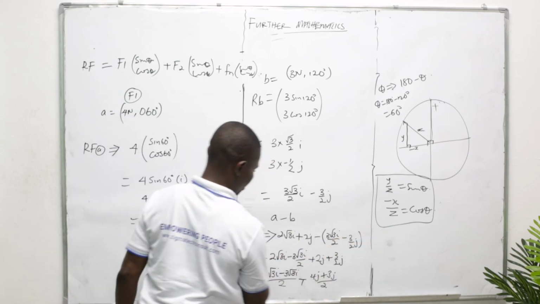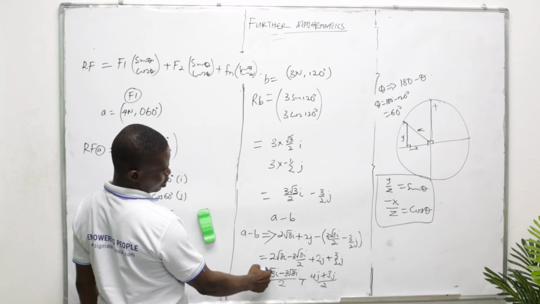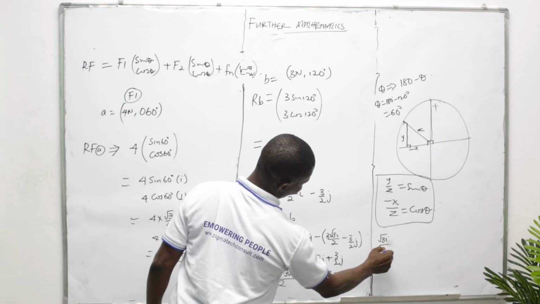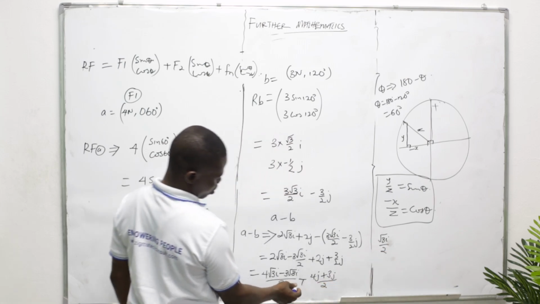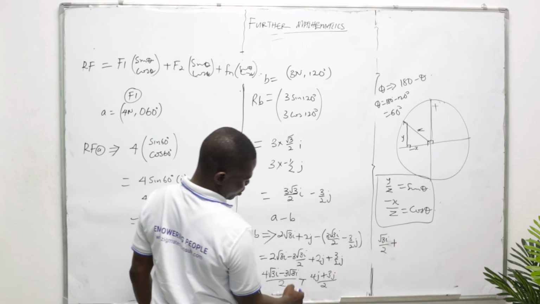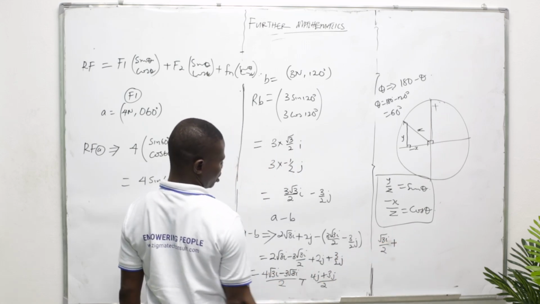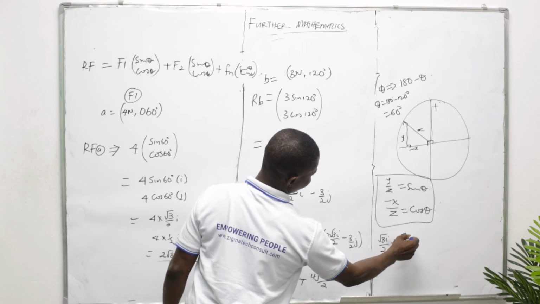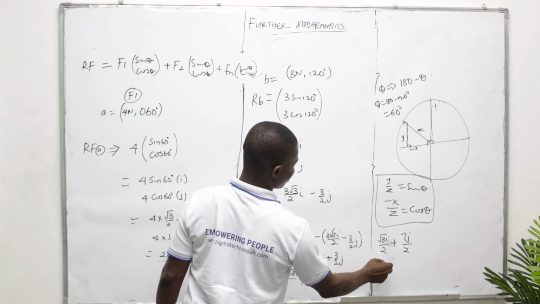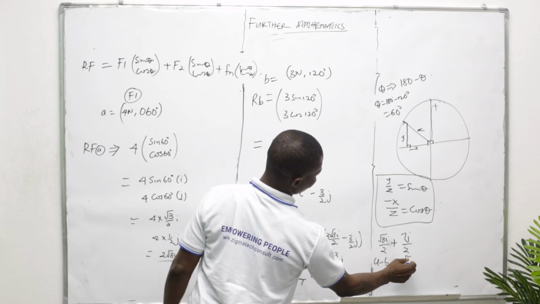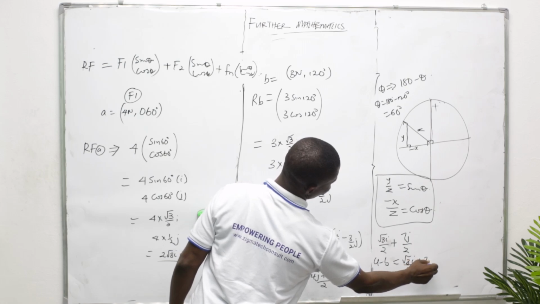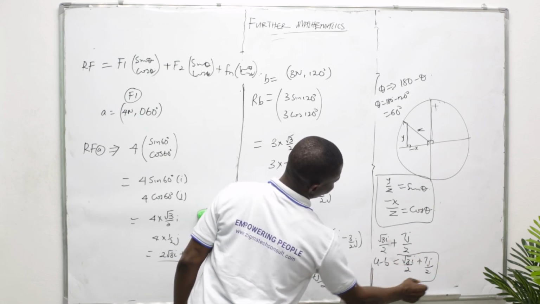Then I want to finalize the solution. 4 root 3 I minus 3 root 3 I all over 2, then plus 4 J plus 3 J is 7 J all over 2. So in component form, A minus B equals root 3 I all over 2 plus 7 J all over 2. This is the final answer.